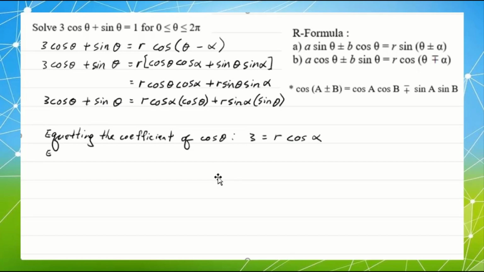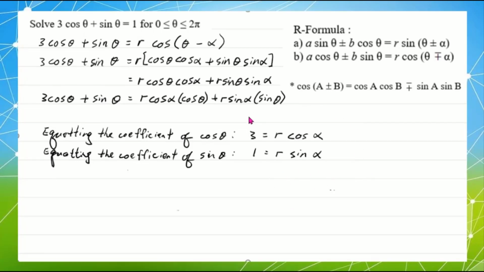Same thing, we compare the coefficient of sin theta for the equation on the left and on the right. We found that the left hand side is 1 and the right hand side is R sin alpha.